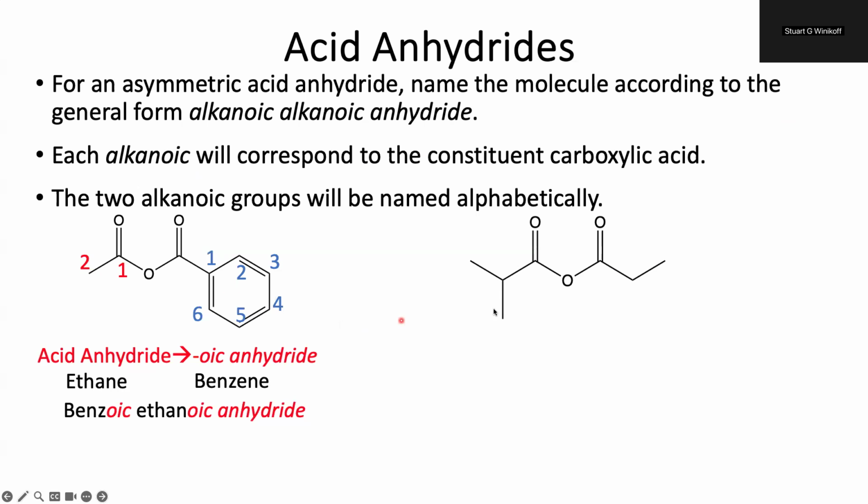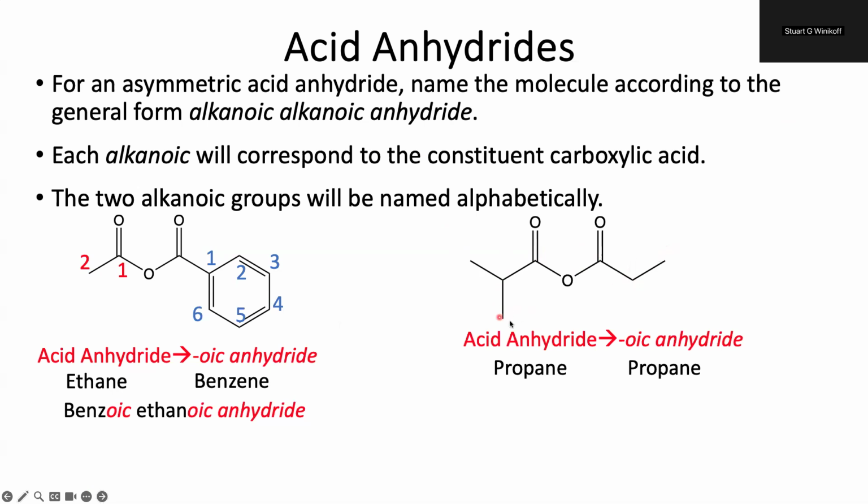And then in a nice kind of fun branched case, again, we have an acid anhydride. This time it's asymmetric. The root name on the left is a 3-carbon chain, 1, 2, 3. So we have propane. But on the right side, we also have a 3-carbon chain. So propane, propane.